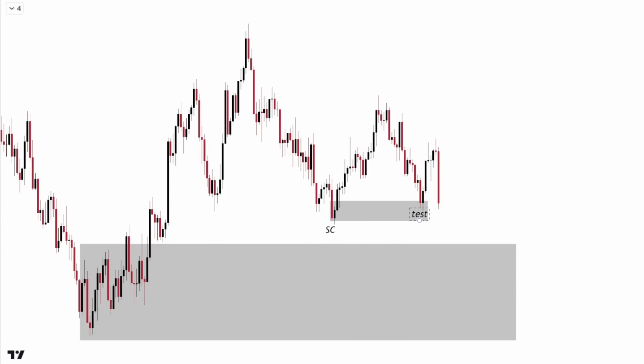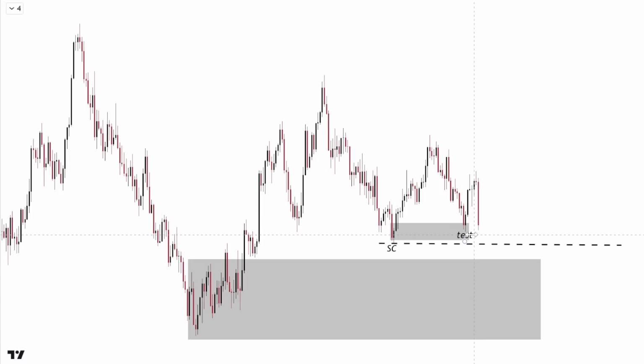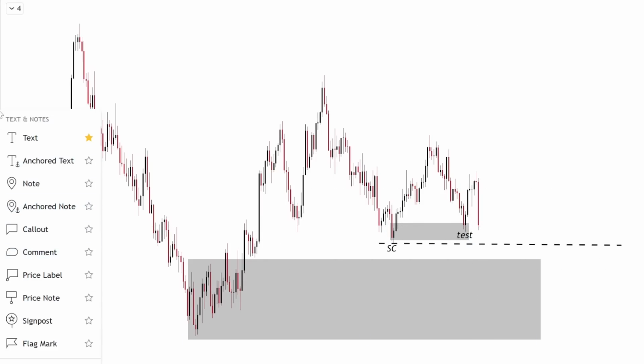So what are we waiting for next? We're waiting for our stop hunt. The difference here is, in the previous example, the entire Wyckoff schematic happened within our discounted area because that was on the micro. But when looking at a macro swing setup, you're looking for your stop hunt to occur in your extreme level.